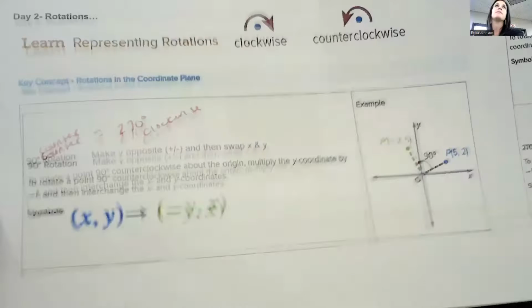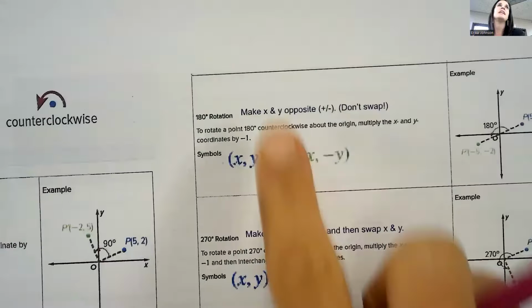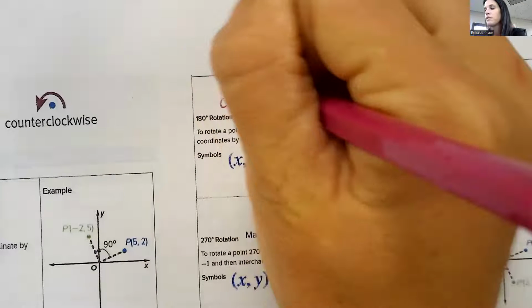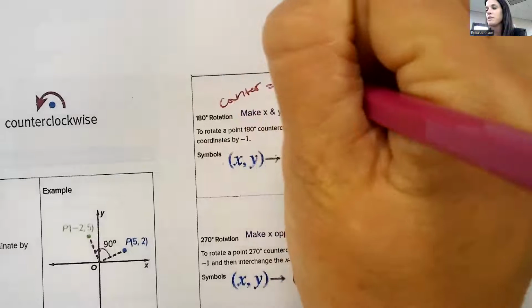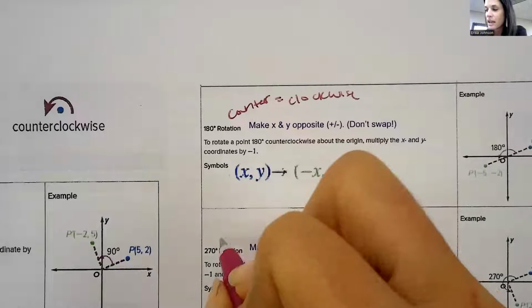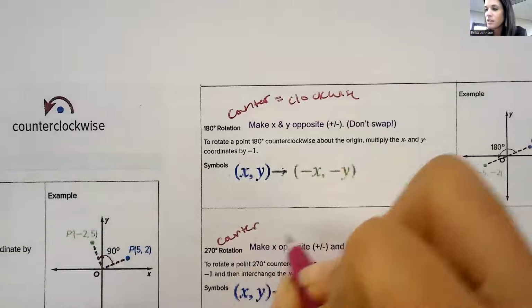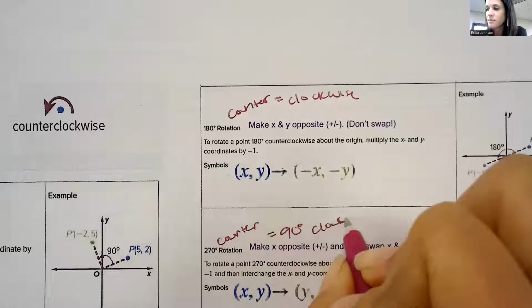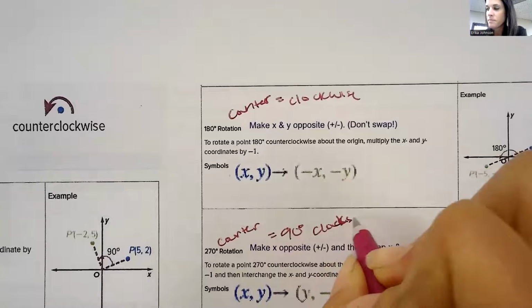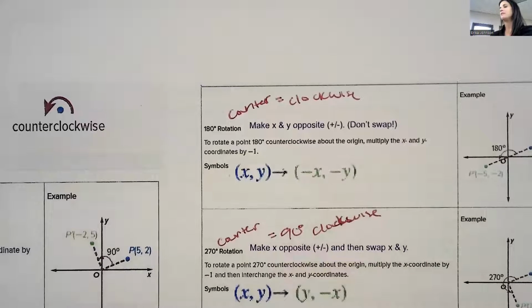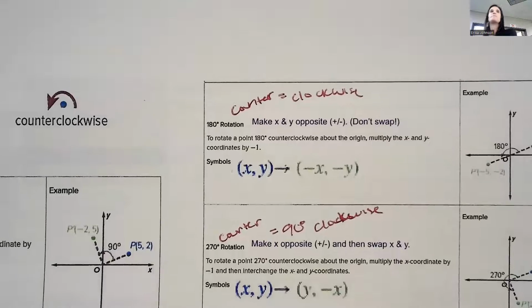So keep that in mind. 180 doesn't matter if you're going counter or clockwise, you'll end up in the same place. 270 degrees counterclockwise is equal to 90 degrees clockwise. So you can use these same symbols and mapping to answer those as well. Okay, let's keep that in mind.